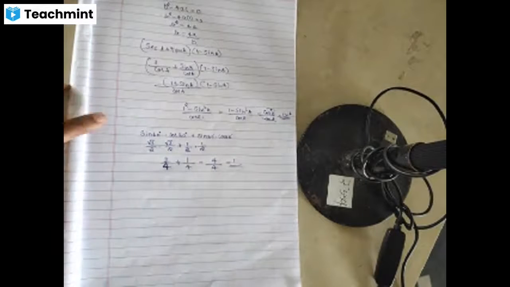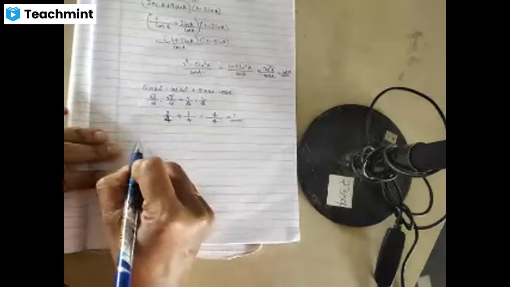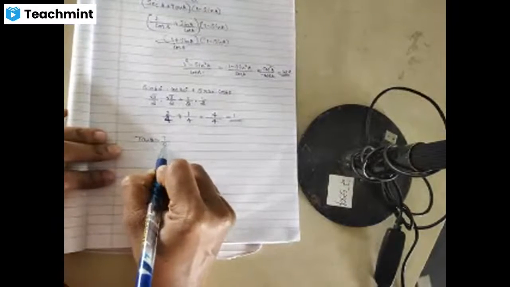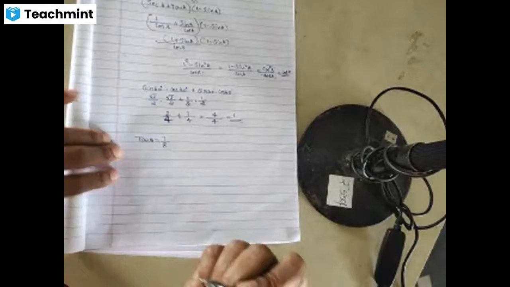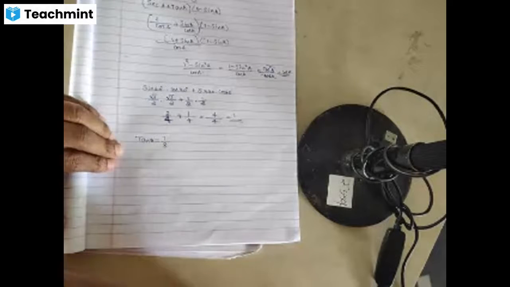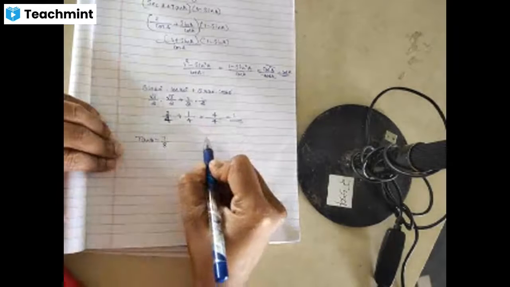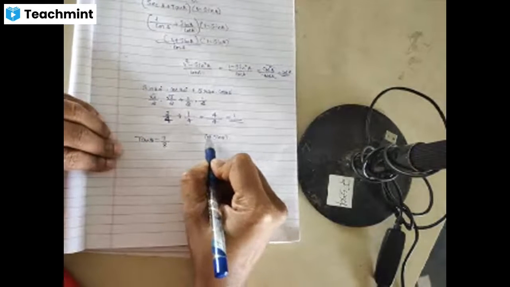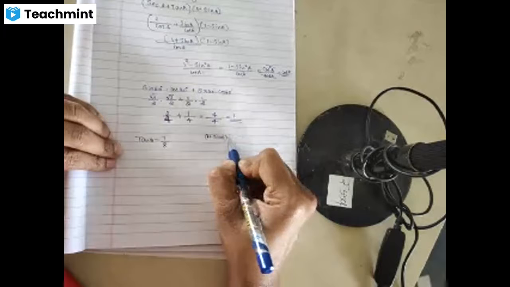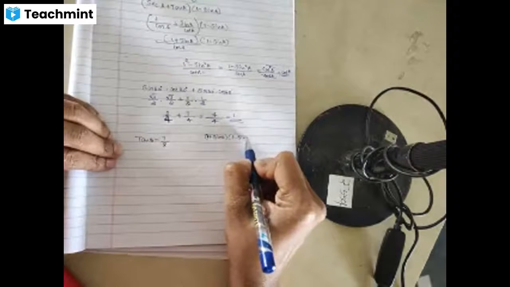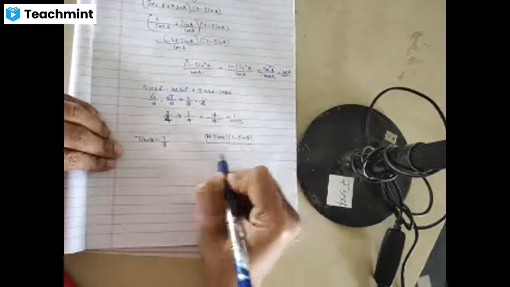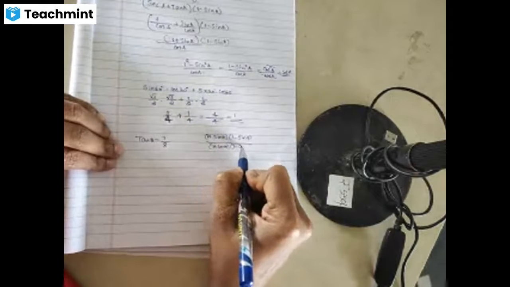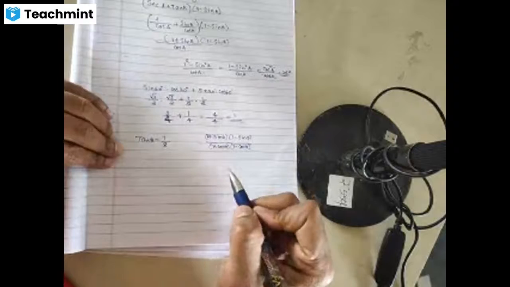Okay, next one, 18th one. If tan theta is equal to 7 by 8, then the value of 1 plus sin theta into 1 minus sin theta whole divided by 1 plus cos theta into 1 minus cos theta is equal to.